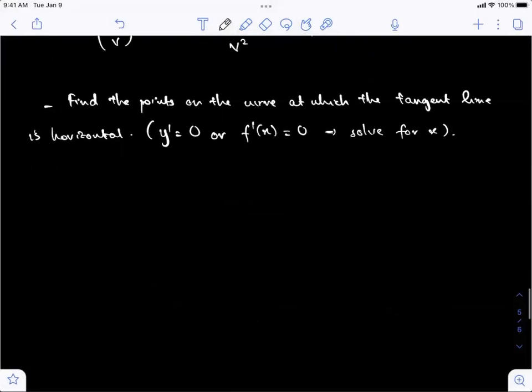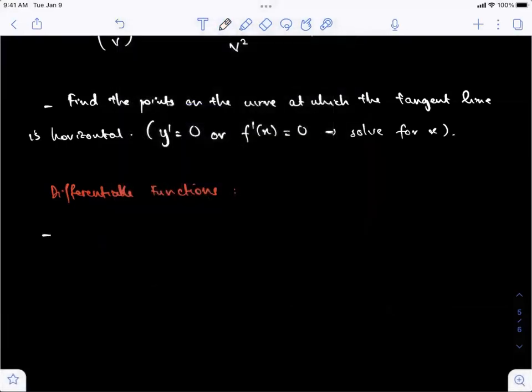More into the derivative of a function, or differentiable functions.